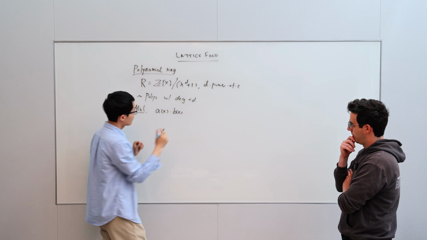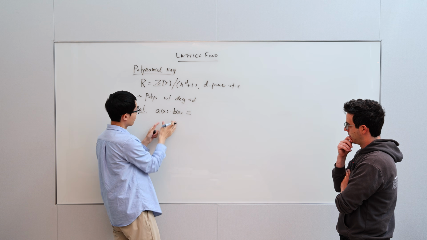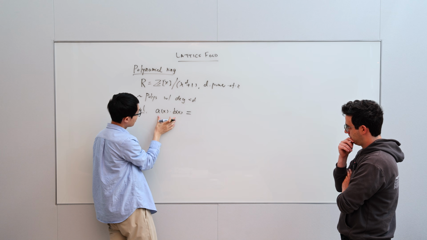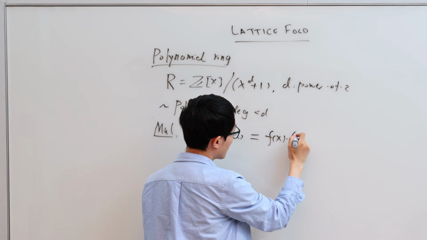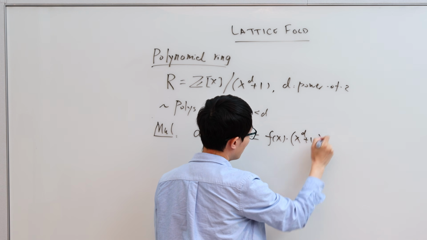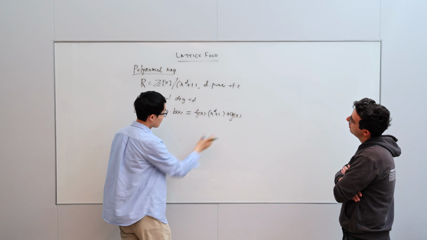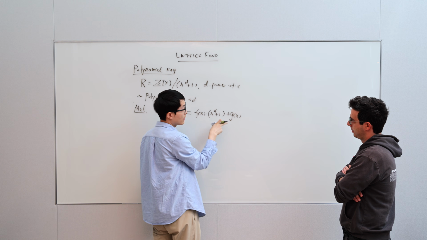But that's fine, because we can do polynomial division. We can write this polynomial in the form f(x) times (x^d + 1) plus another polynomial g(x). This g(x) is called the remainder polynomial, which indeed has degree less than d.